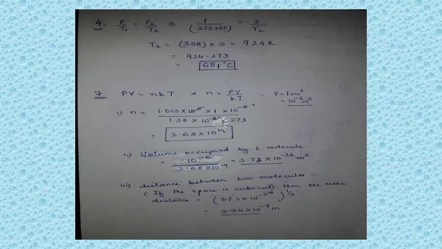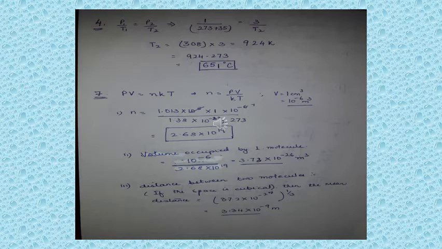Numerical 7th. Calculate the number of molecules, volume occupied by one molecule, and the distance between two molecules when the volume of gas is 1 centimeter cube at NTP. Now at NTP, the pressure is 1 atmospheric pressure and the temperature is 273 Kelvin.